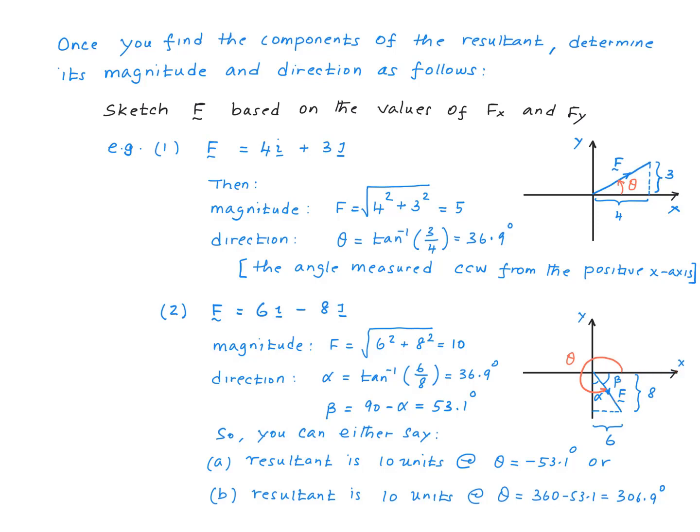So that will be minus beta, right? In other words, minus 53.1 degrees. So you could say either the resultant is 10 units at theta equals minus 53.1 degrees, or the resultant is 10 units at theta equals 306.9 degrees. Either one is acceptable.